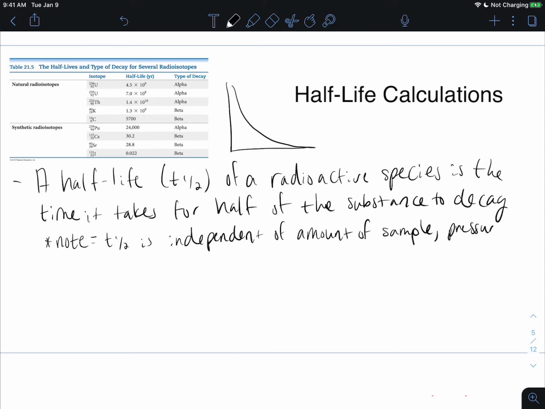So you can't speed it up or slow it down just by changing a variable.